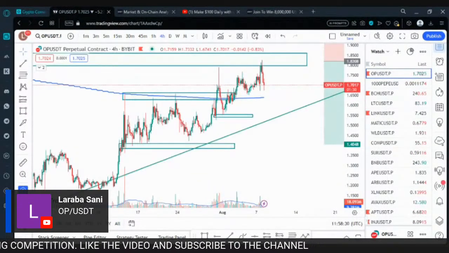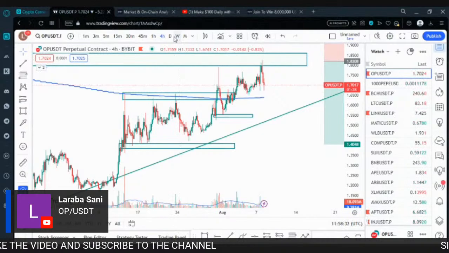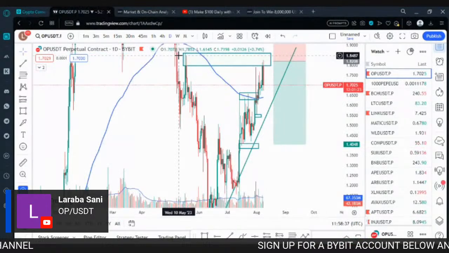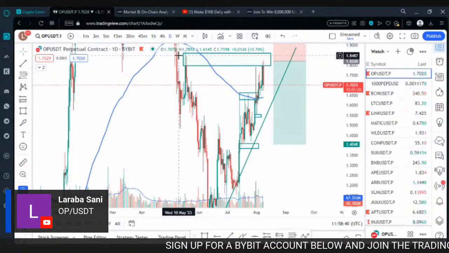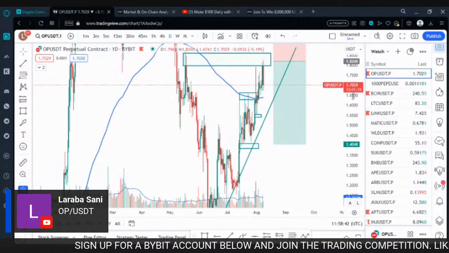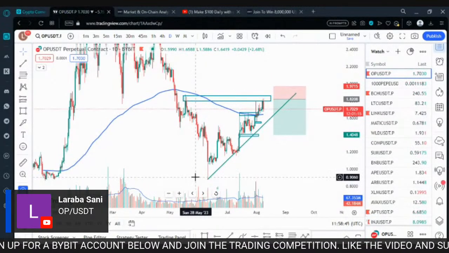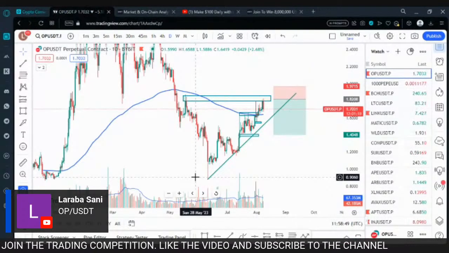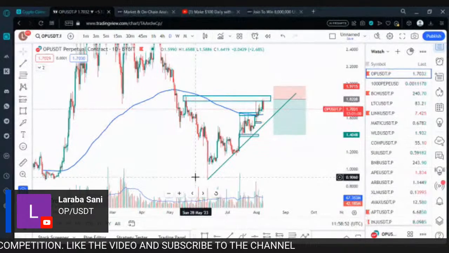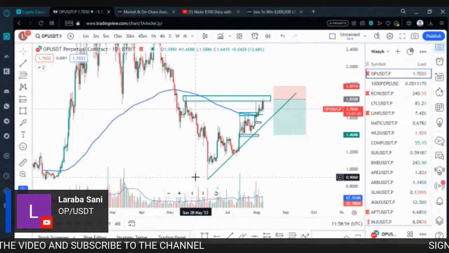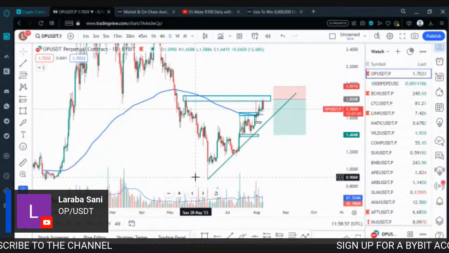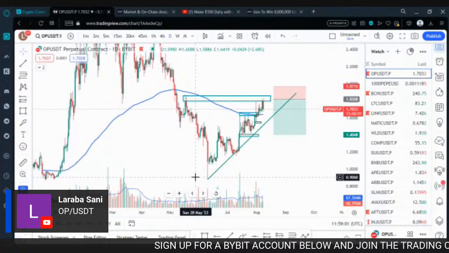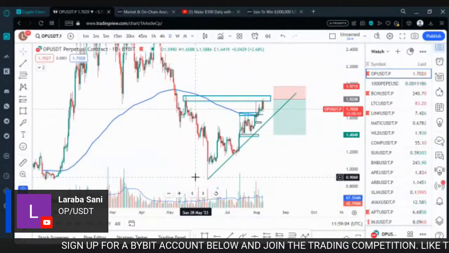Before I go to the OP, let me make sure that I'm adjusting my trace right here, guys. Just leave your comments with the tokens you want us to look at, and we'll look at all of those. But let me adjust my trace right now before we proceed. This one I just set up right now.